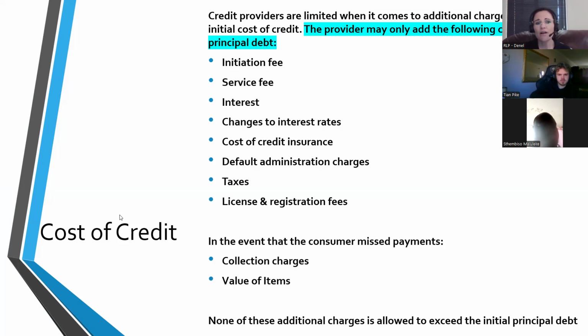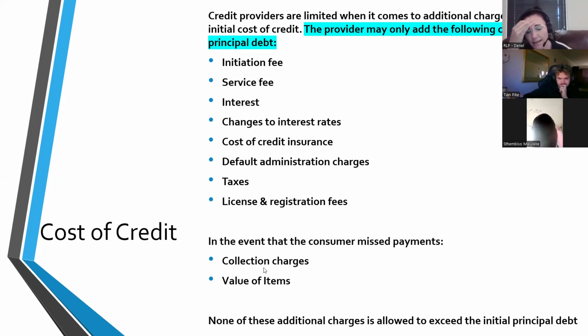So now when it comes to the cost of credit, guys, the credit providers are limited when it comes to additional charges. Okay, so basically they are only allowed to add a few costs to the initial principal debt. And that will be initiation fee, service fee, interest, changes to interest, cost of credit insurance, default administration charges, taxes, license and registration fees. With this list specifically, if you don't know the list, you won't be able to identify them.